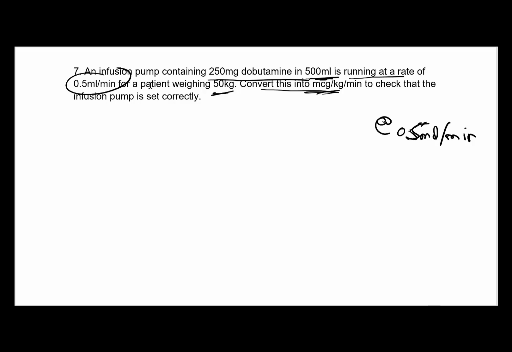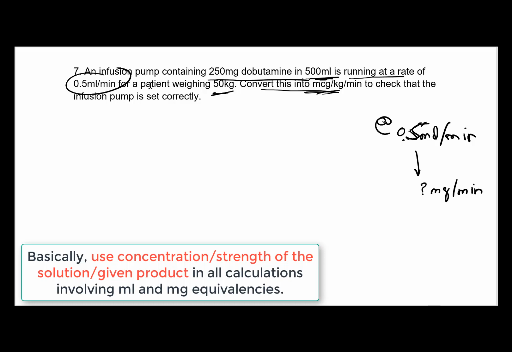From mils per minute, I will find out milligrams per minute. So how can I find that out? Yes, I use this information. So 250 milligrams is present in 500 milliliters, so it will be half of that.